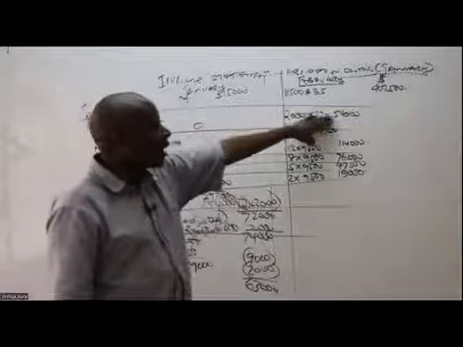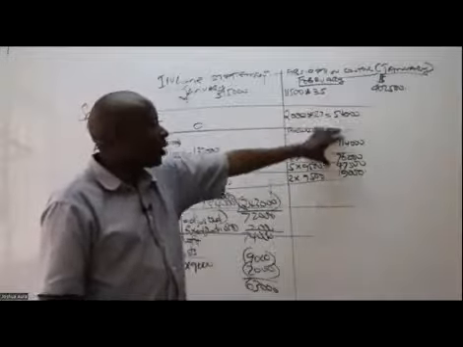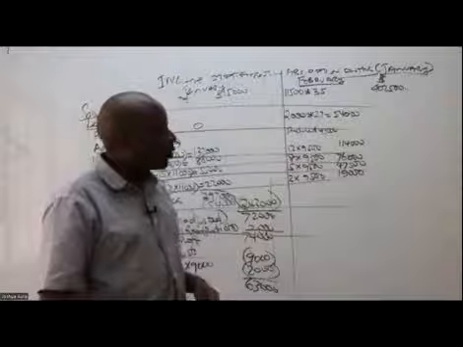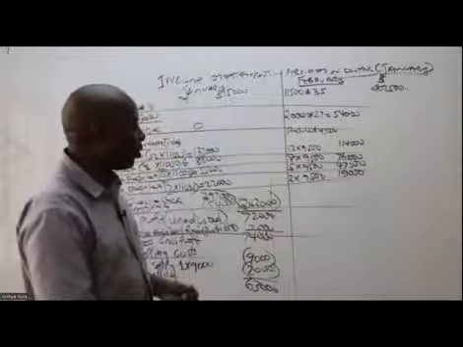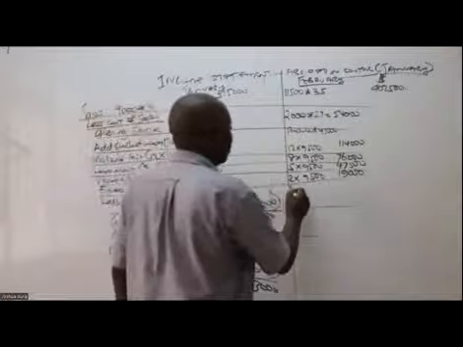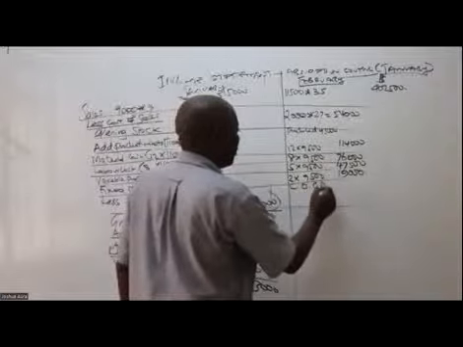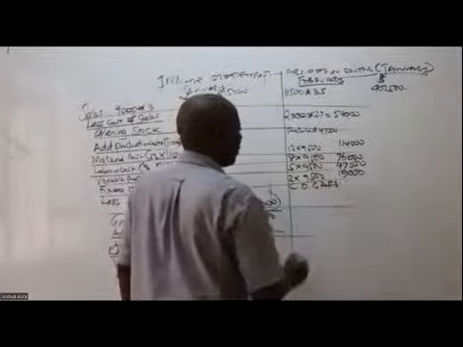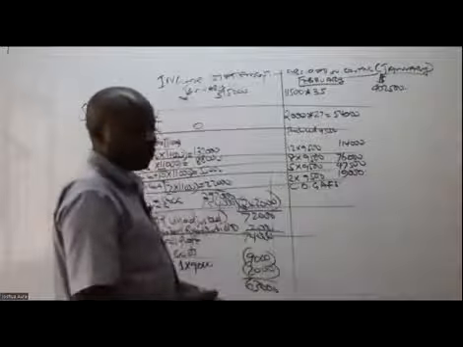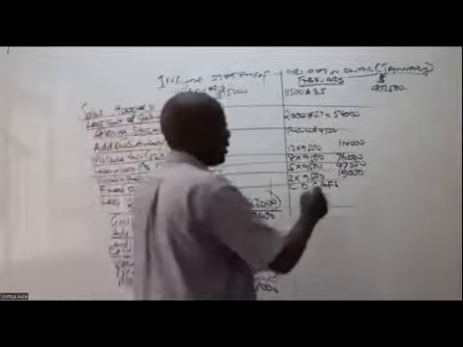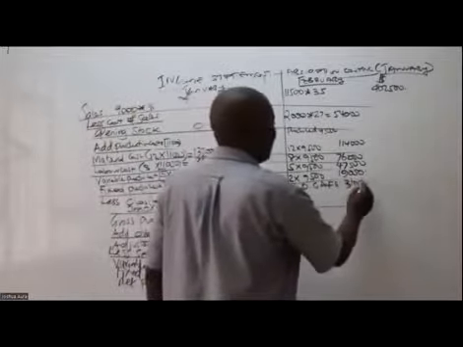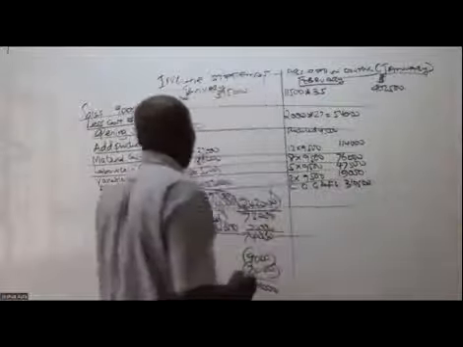Is there somebody who can give me the cost of goods available for sale? 310,500. So come and less, in this case here, closing stock.